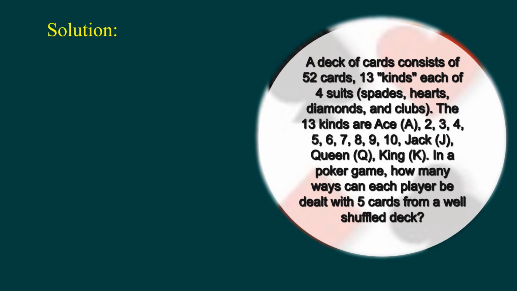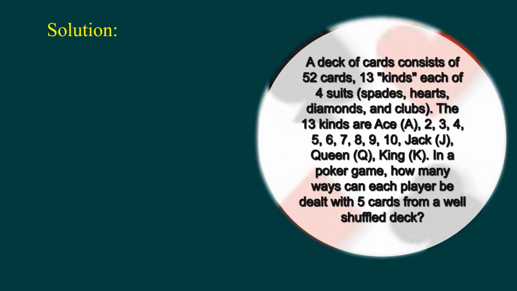In many poker games, players are dealt 5 cards from a well-shuffled deck of 52 cards. The deck contains 13 different ranks and 4 different suits. When dealing 5 cards to a player, the order in which the cards are dealt does not matter, so this is again a problem on combination.